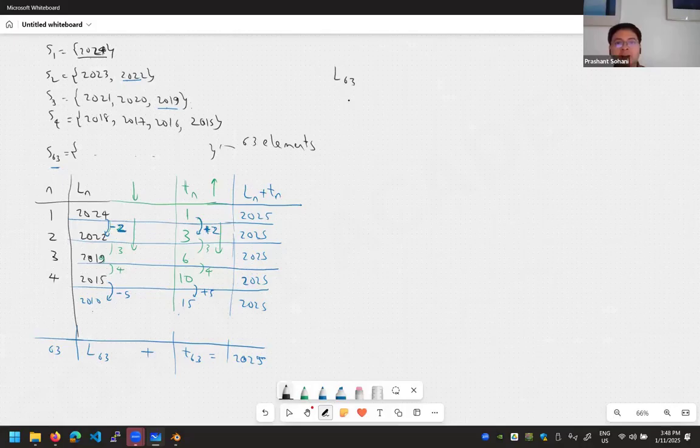Okay, so if you observe this, then we can directly find L63, right? So L63 is nothing but 2025 minus T63. And T63, we know the formula, n into n plus 1 by 2. So the value I get is 63 into 32.